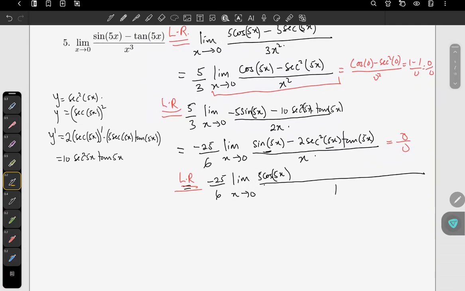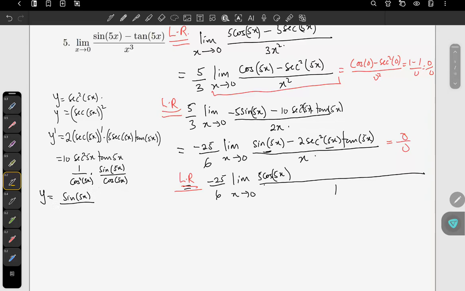How do we find the derivative of that? So let's come here. Can we actually write it? So this is 1 over cos squared 5x times sine 5x over cos 5x. So that is the same thing as sine 5x over cos cubed 5x.